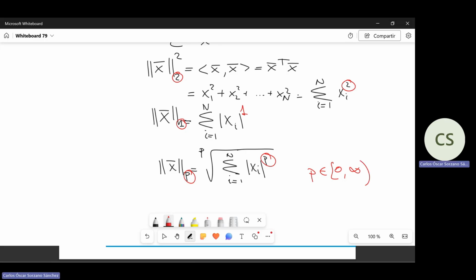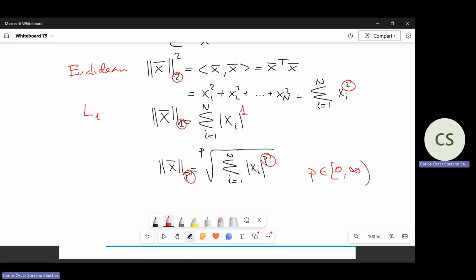And then it has some interesting properties. So, for instance, for p equal 2, we have the standard, the Euclidean one. This is the L1 norm. And for p larger than 1, it is kind of a mixture somewhere between L1 and Euclidean.